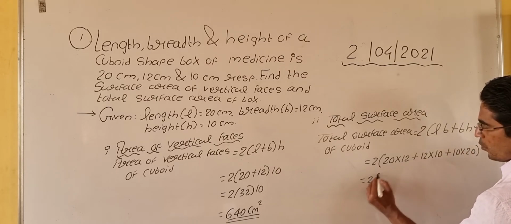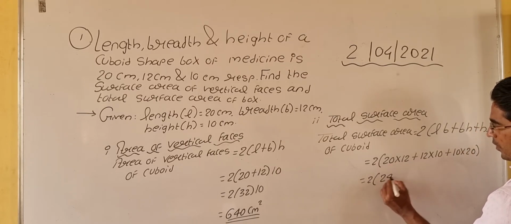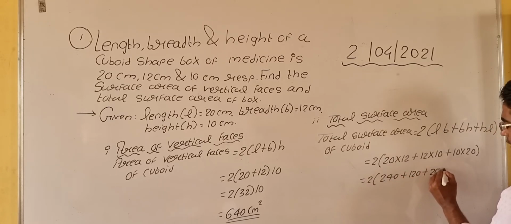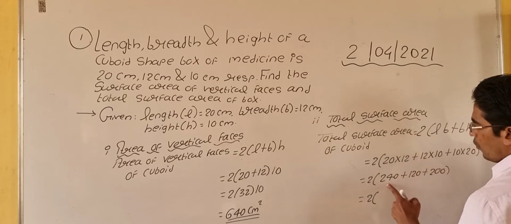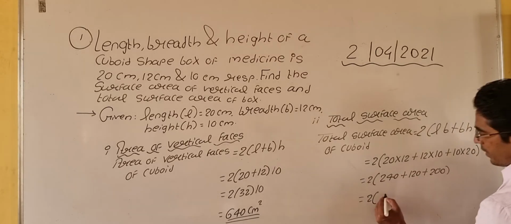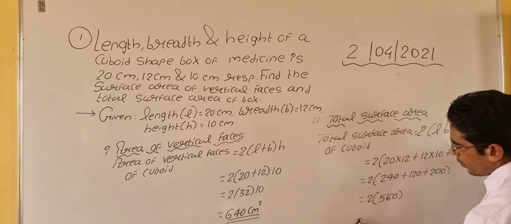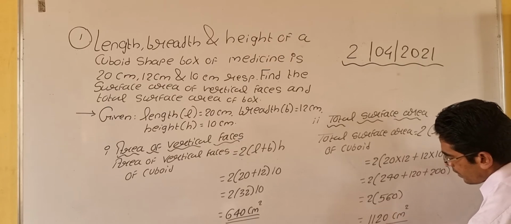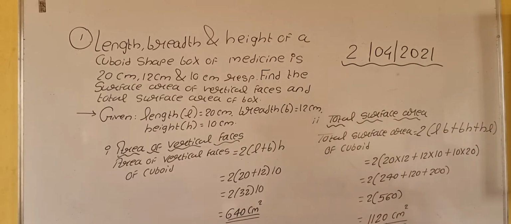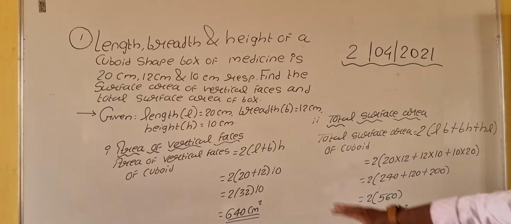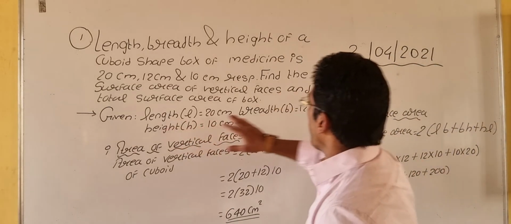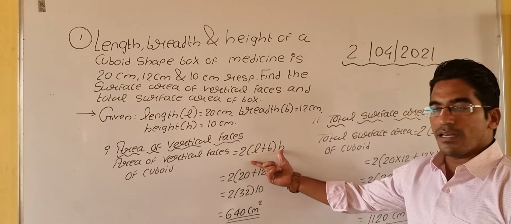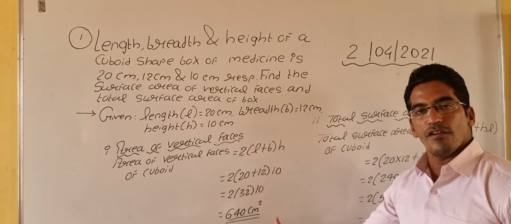That is 2 into 20 into 12, 240, 12 tens are 120, 20 into 10, 200. 240 plus 120, 360 plus 200, 560, multiplied by 2, 1120 centimeters. In this sum we knew the value of length, breadth and height. We just put down the formula for area of vertical faces, substituted the values and got the answer.